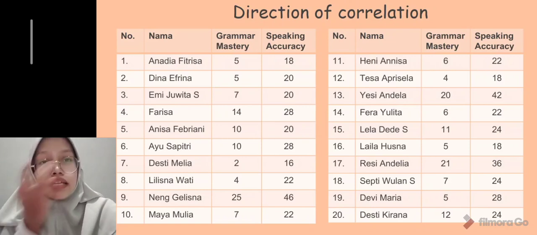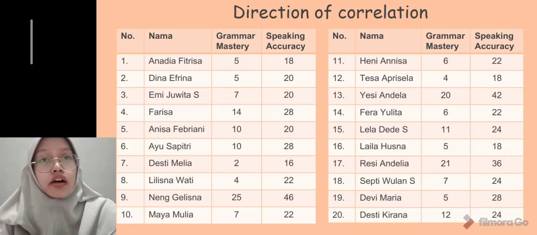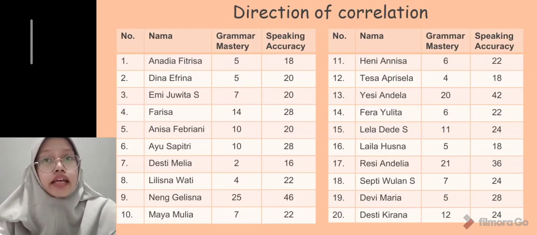The first is Anadia Fitrisa. The score of grammar mastery is 5 and the score of speaking accuracy is 18. Second is Dina Efrina. The score of grammar mastery is 5 and the score of speaking accuracy is 20. Emi Juwita S. The score of grammar mastery is 7 and the score of speaking accuracy is 20. Farisa.